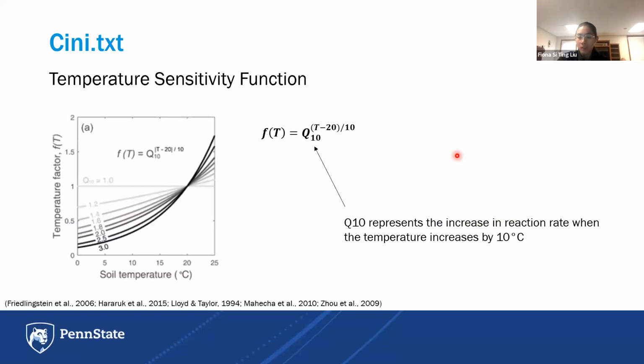In general, the temperature sensitivity function follows the Q10-based form defined in literature, and we are basically trying to define this Q10 term in our parameters, which represents the relative increase in reaction rate when the temperature increases by 10 degrees Celsius.